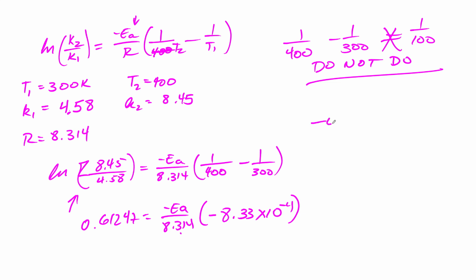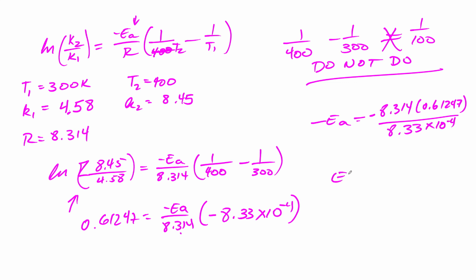So you take this number, multiply by this number, divide by that number. So over here, minus Ea is equal to 8.314 times 0.61247, and then divide by negative 8.33 times 10 to the minus 4th.